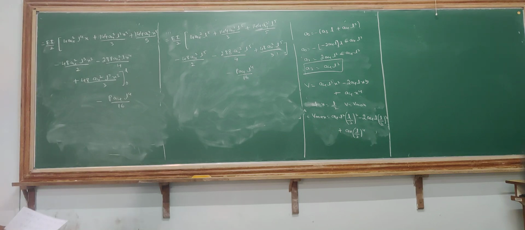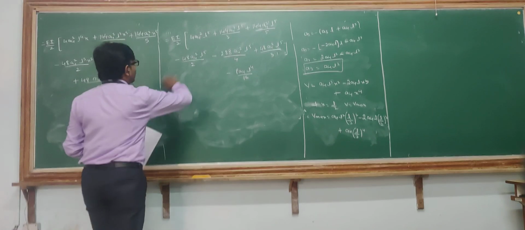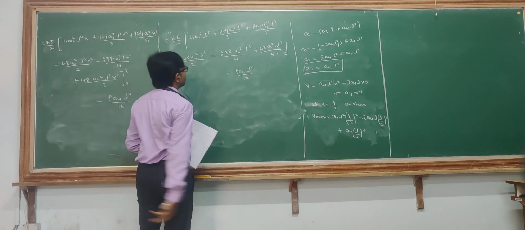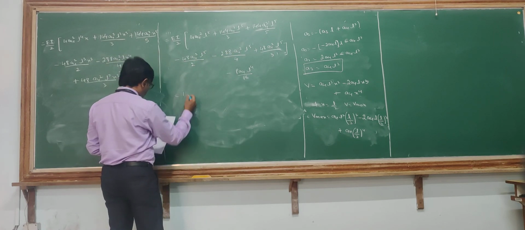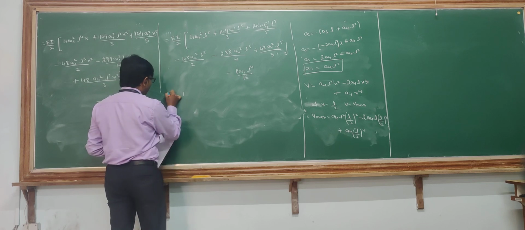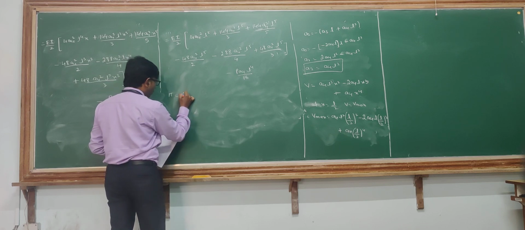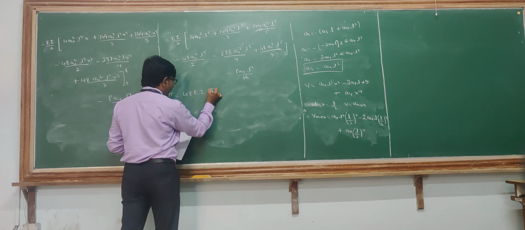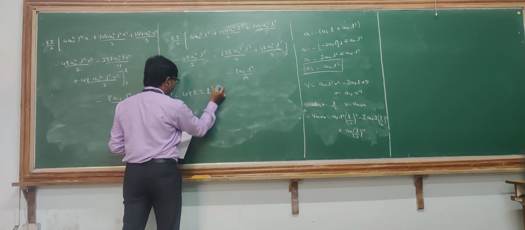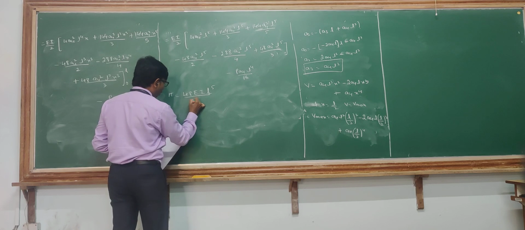Okay. So what I will do is I'll take the LCM out of this and I'll try to get the solution. So finally what you will get here is, pi is equal to 48 EI L5 divided by 120.